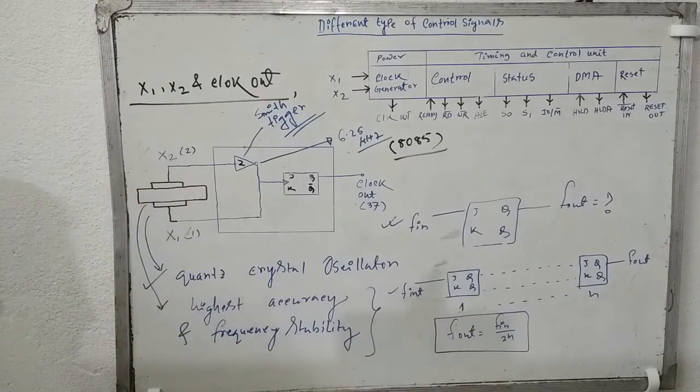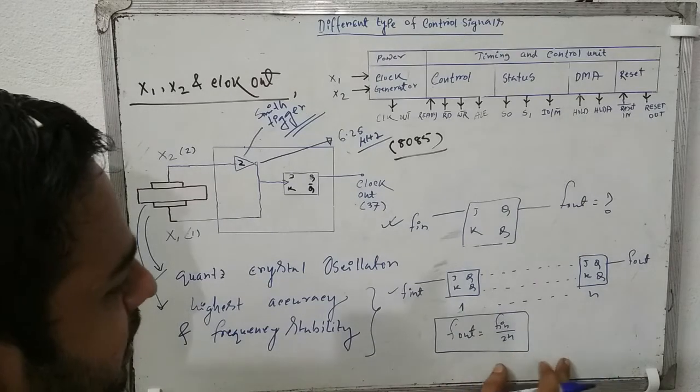Do you know the formula? f out equals f in by 2 to the power n.